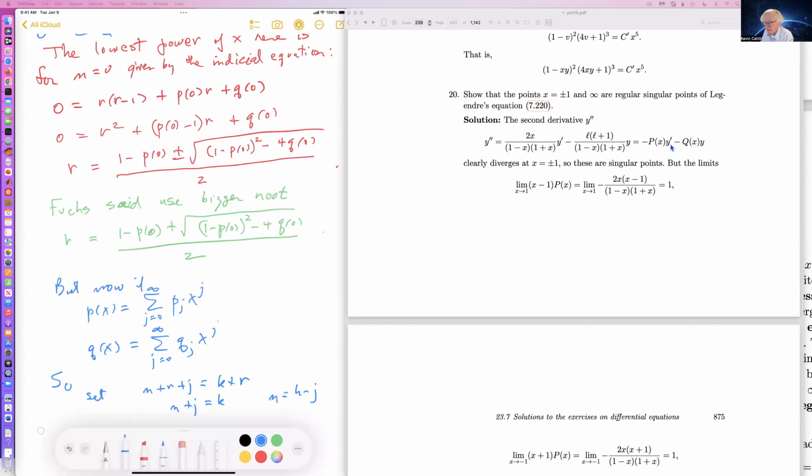And we can write that as minus big P y prime minus big Q y. So this obviously diverges when x is equal to plus or minus 1. So these are singular points.